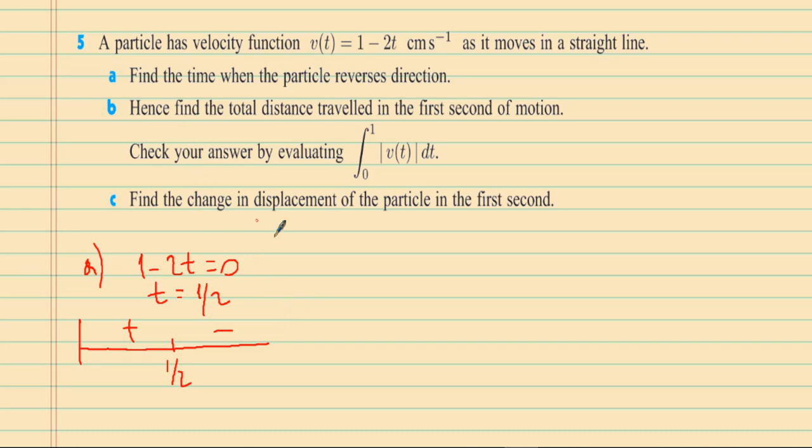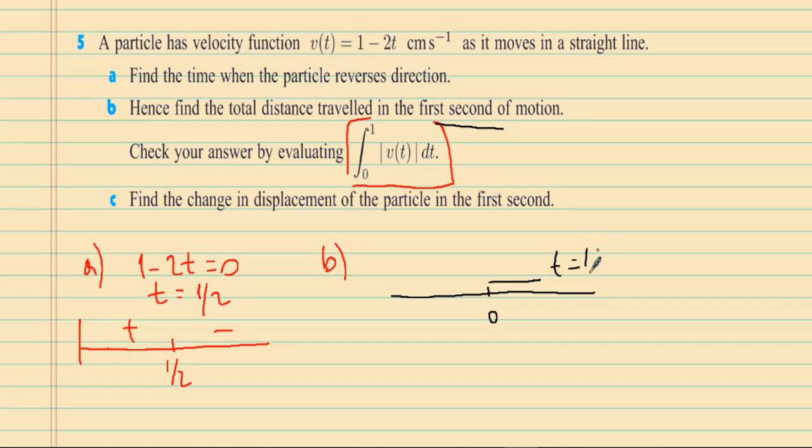Now part B: find the total distance traveled in the first second of the motion. Check your answer by evaluating. We can do this using the calculator. We know that at t equals 1/2 it changes direction. So you move to the right in the first second, at t equals 1/2 you change direction, and then you come back to where you started, let's call it the origin.